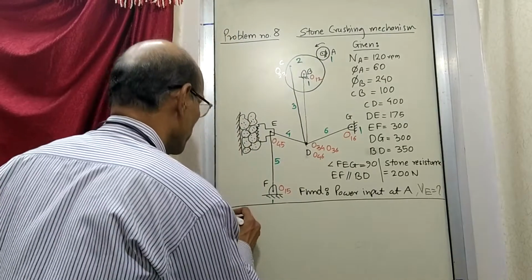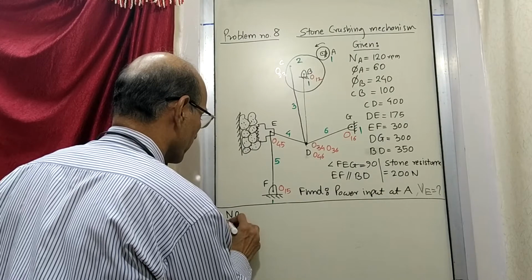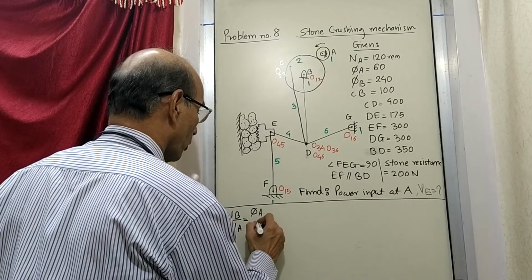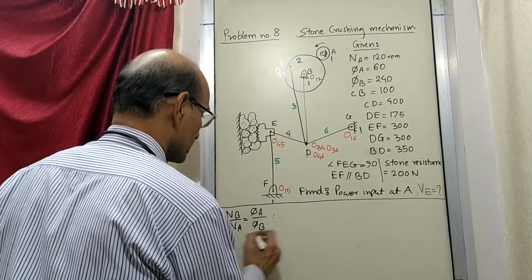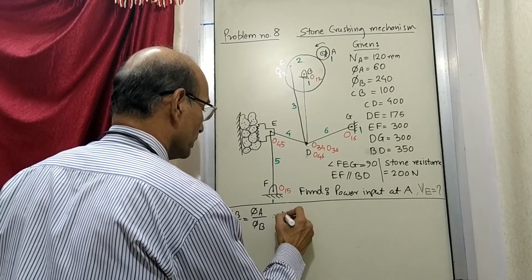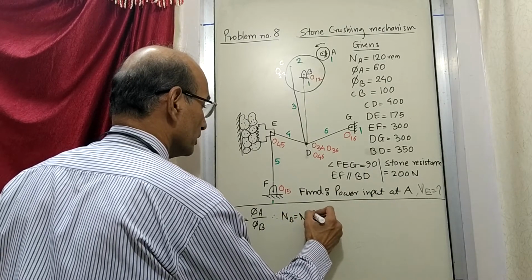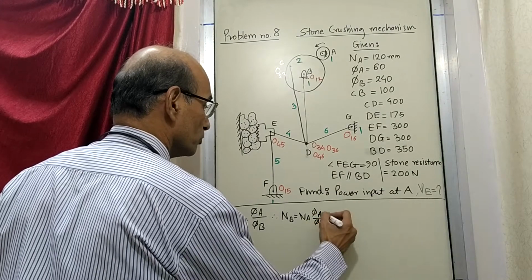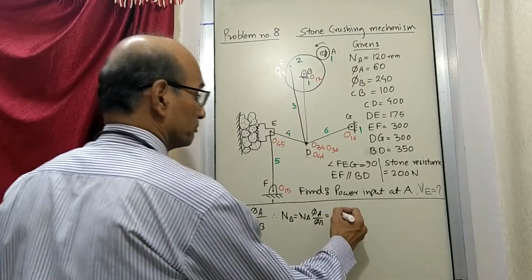So what will be speed of B? Speed of B upon speed of A is equal to diameter of A upon diameter of B. Now, because of this, speed of B is equal to speed of A times diameter of A upon diameter of B. So this will give you speed of B in RPM.